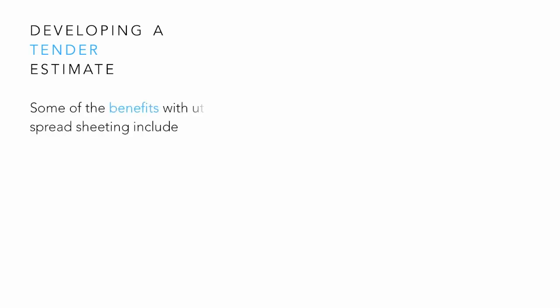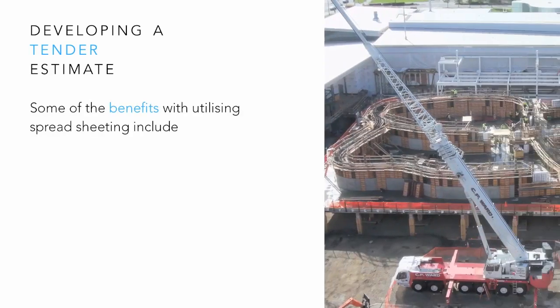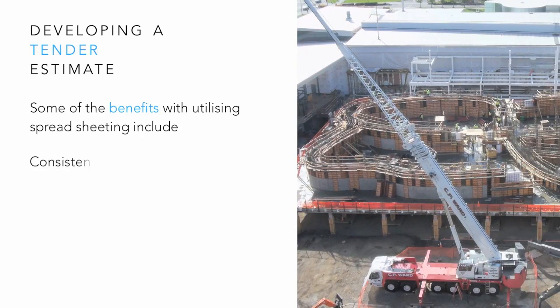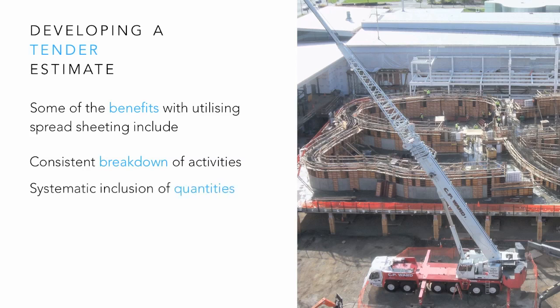Some of the benefits of utilizing spreadsheeting include consistent breakdown of activities as per project execution, systematic inclusion of quantities for each item and subsequent costs per each item for plant, labour, materials and management components. It is easier to number crunch the cost for each item, area, sub-project and project.